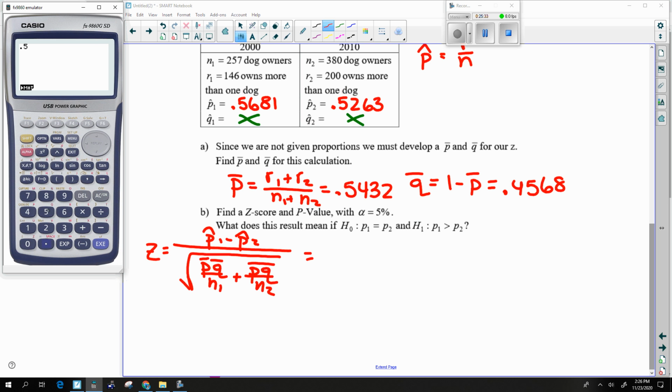So that's P bar times Q bar divided by N1 plus P bar times Q bar divided by N2. All right, square root that. And then I make sure I put the top in its own unique parentheses divided by the bottom. So it's 5, 6, 8, 1 minus 5, 2, 6, 3 divided by the bottom.